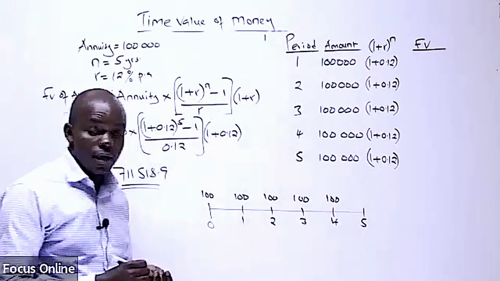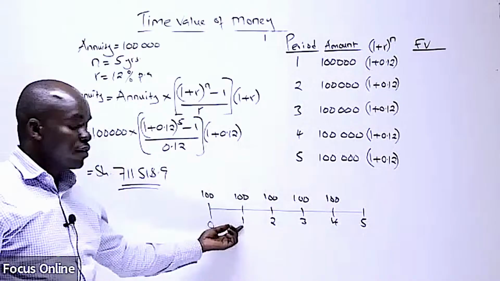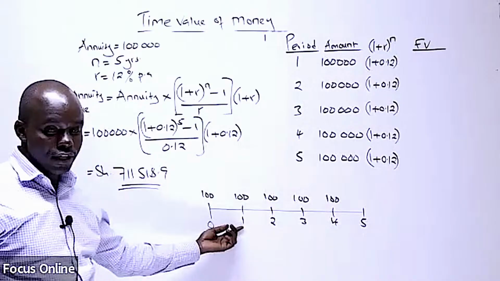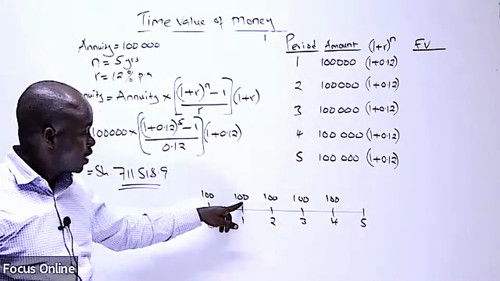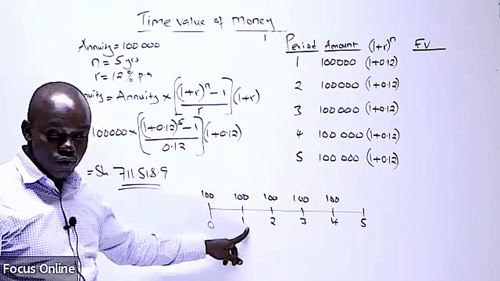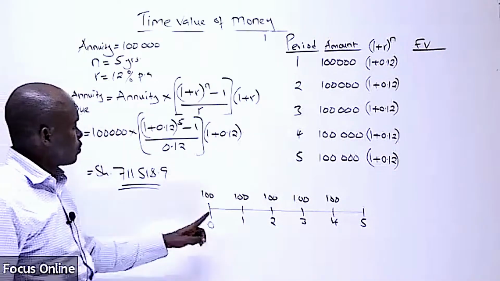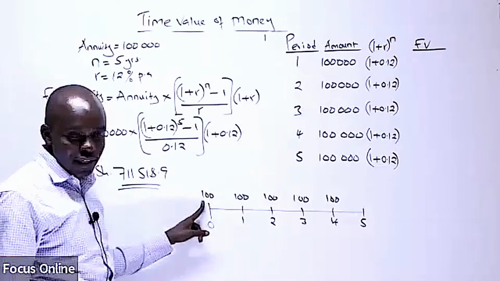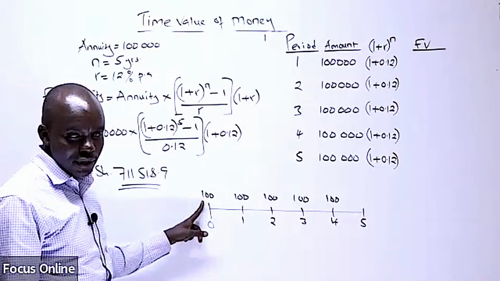Remember, the end of year 1 is the beginning of year 2. So this 100,000 here we are investing at the beginning of year 2, which is the end of year 1. So this first 100,000 that was invested at the beginning of year 1, how many times will it earn interest in a period of 5 years?